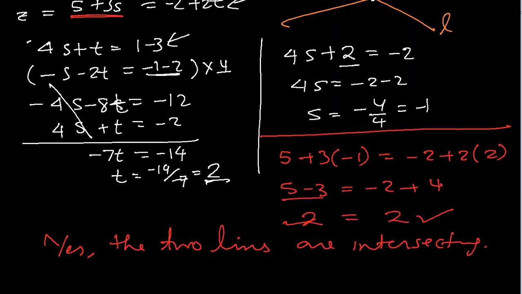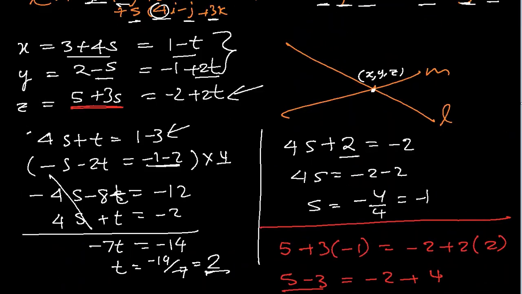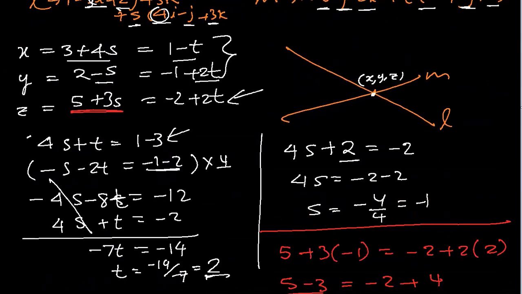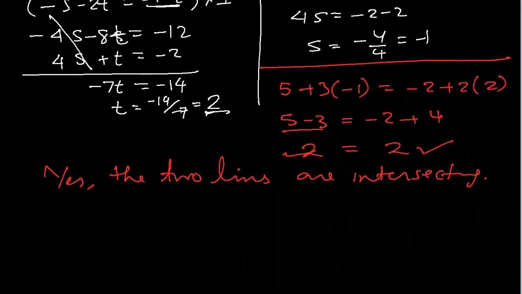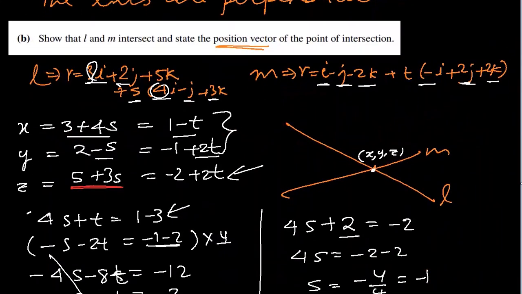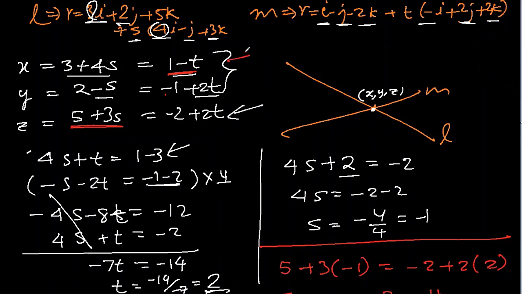But this is not enough. They are asking us to write the position vector of the point of intersection. So since we have everything ready with us, we can take either t or s to get the coordinates x, y and z, and let me do that. Let me use this one. So t is equal to 2. I will put it here. It will become 1 minus 2.